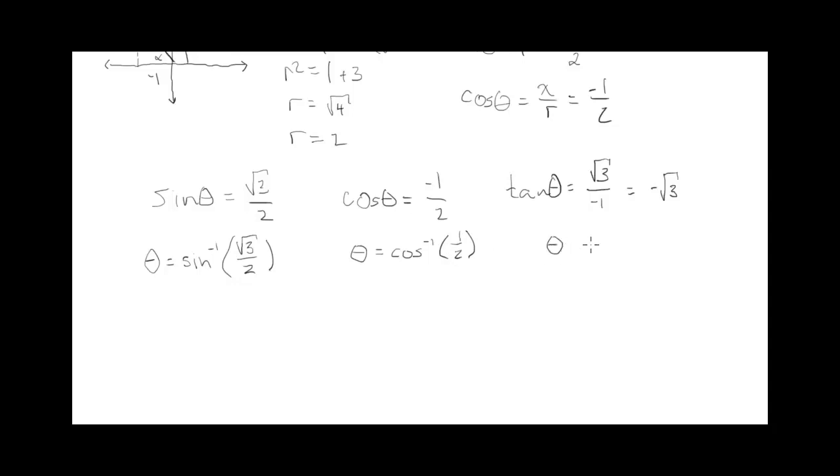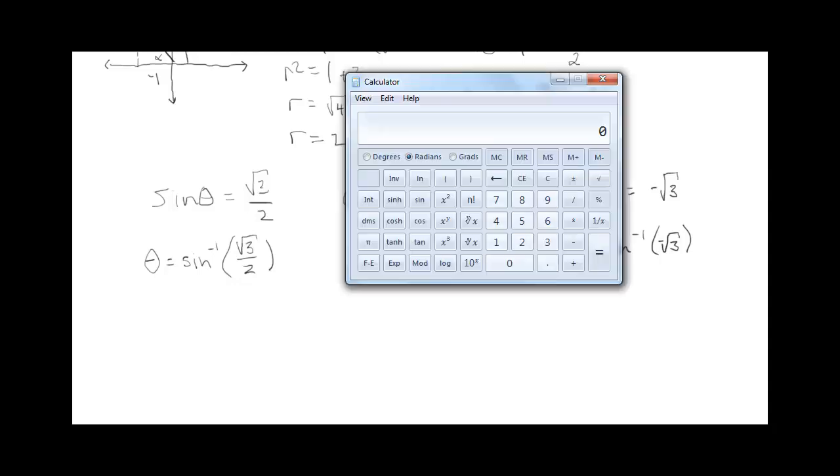Or you could do inverse tangent of negative root 3. In order to figure this out, you're going to have to use a calculator. So here's the calculator that's on the computer. It's not exactly the same as the calculator you'd probably be using, but you can still do it.